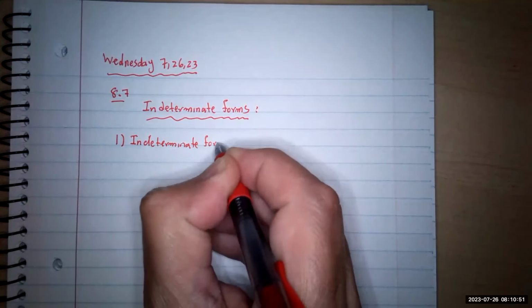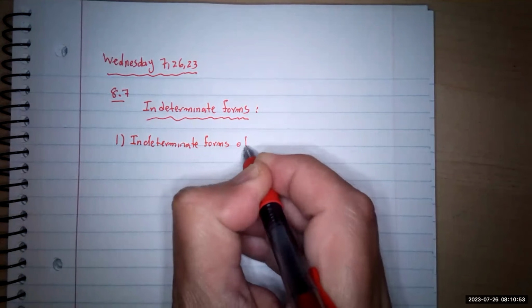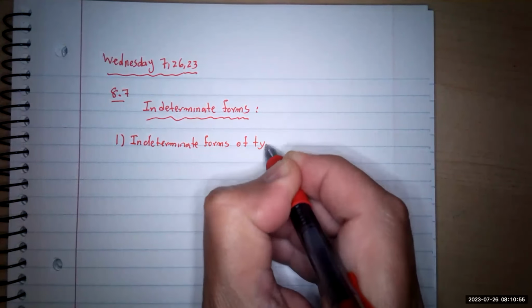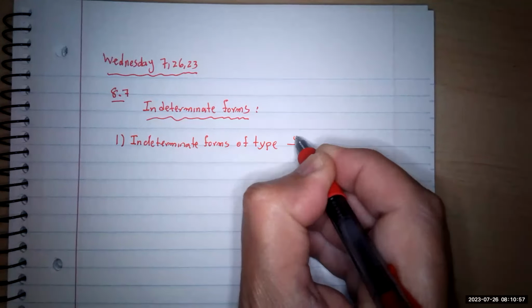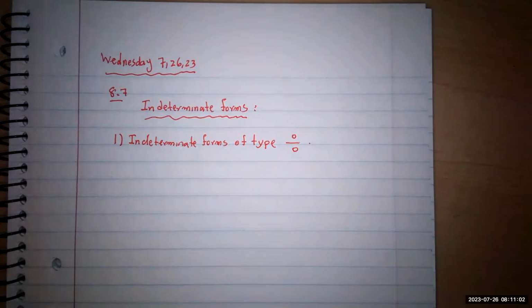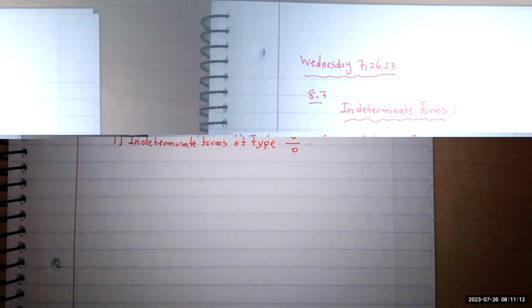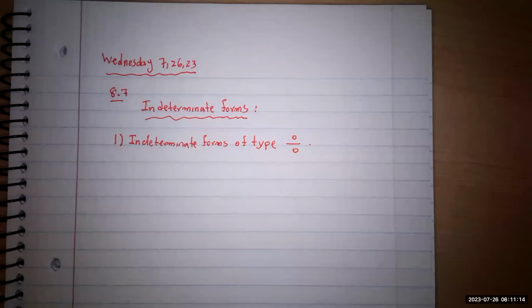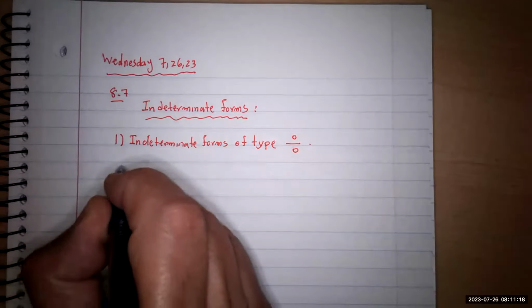You try to find the limit of a rational function, you arrive at 0 over 0, and you say, oh, it's an indeterminate form. Now, how are we going to take care of it? In order to take care of it, we have a very famous theorem, and you are going to apply this theorem.